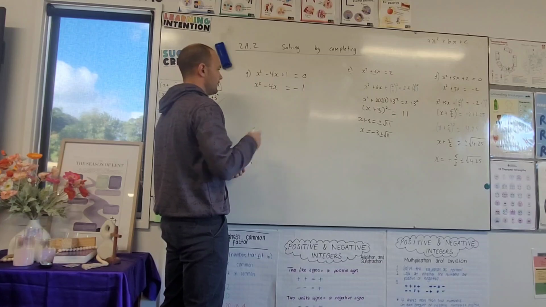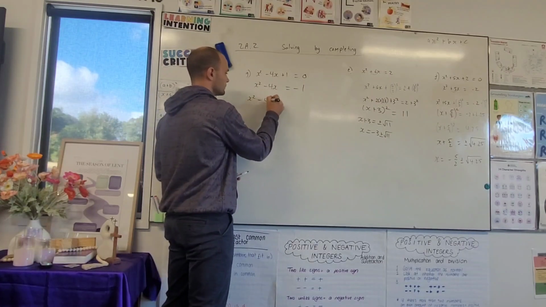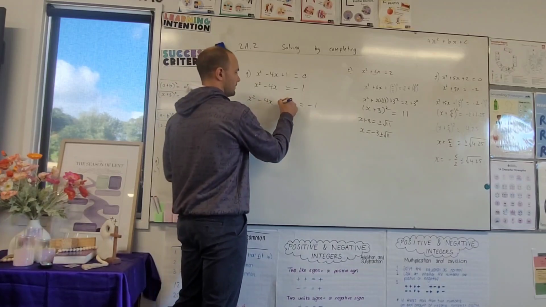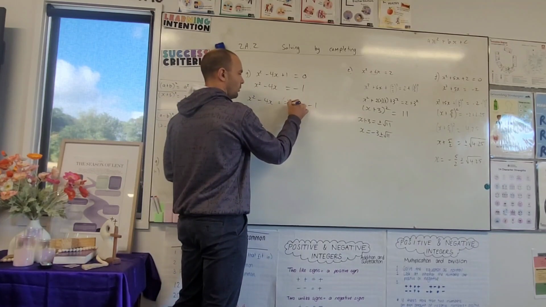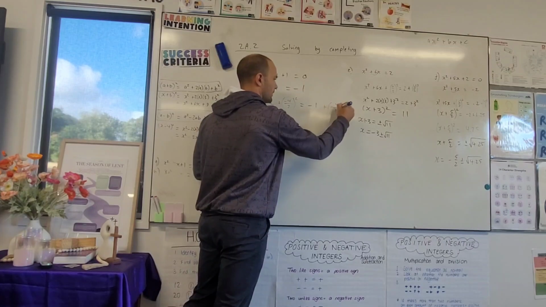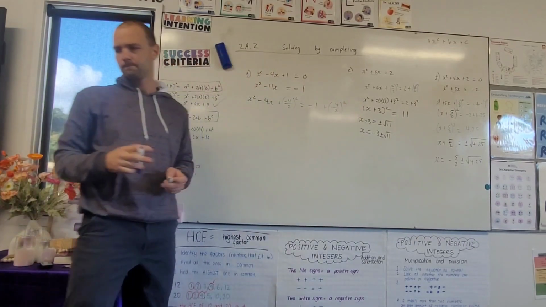So that's going to give us negative 4 divided by 2 squared here, and negative 4 divided by 2 squared here.